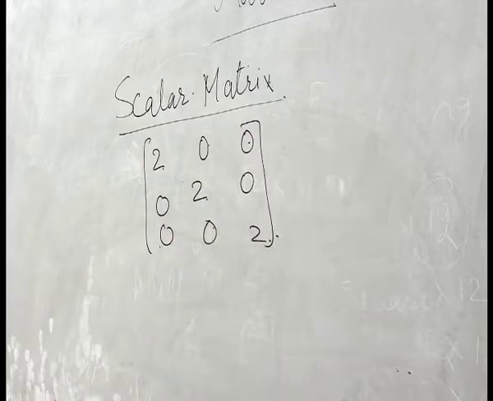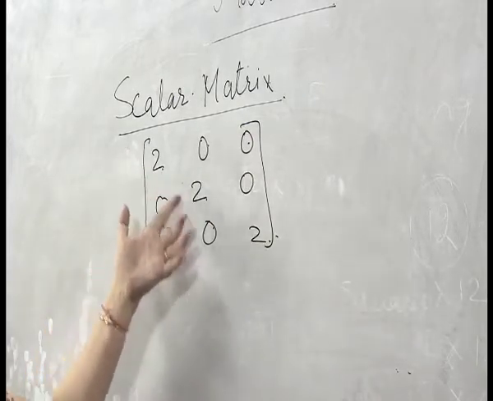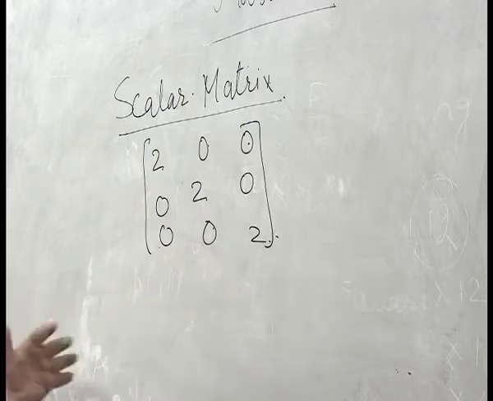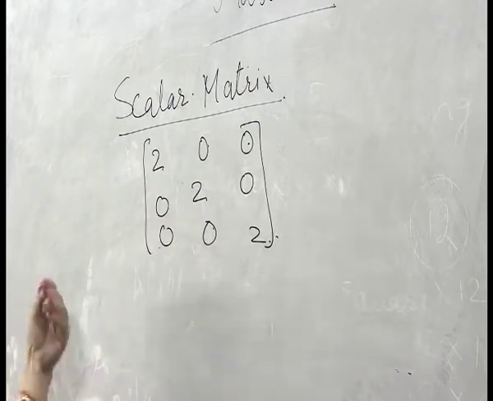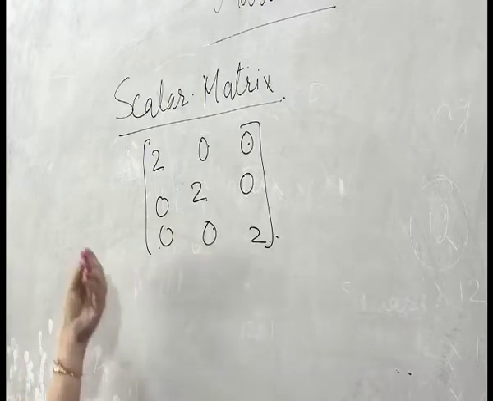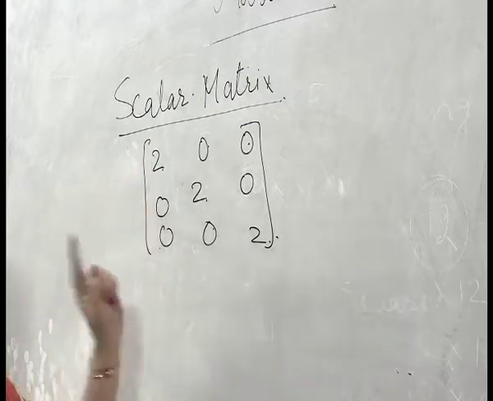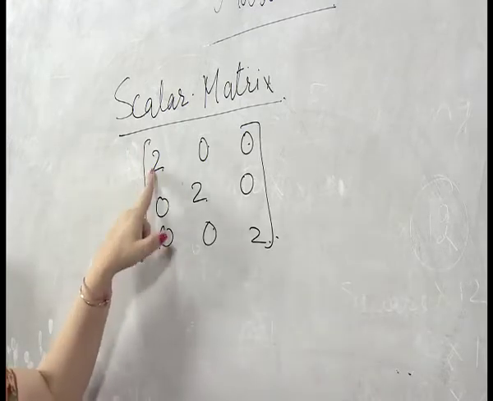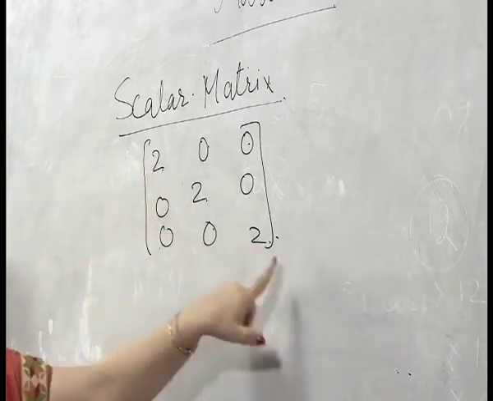This is a scalar matrix, or you can define the scalar matrix. It is not necessary that it has to be 2. It can be any constant. It can be k, it can be -1, it can be √2, it can be any number. But one thing you have to keep in mind, all the diagonal elements will have the same value.